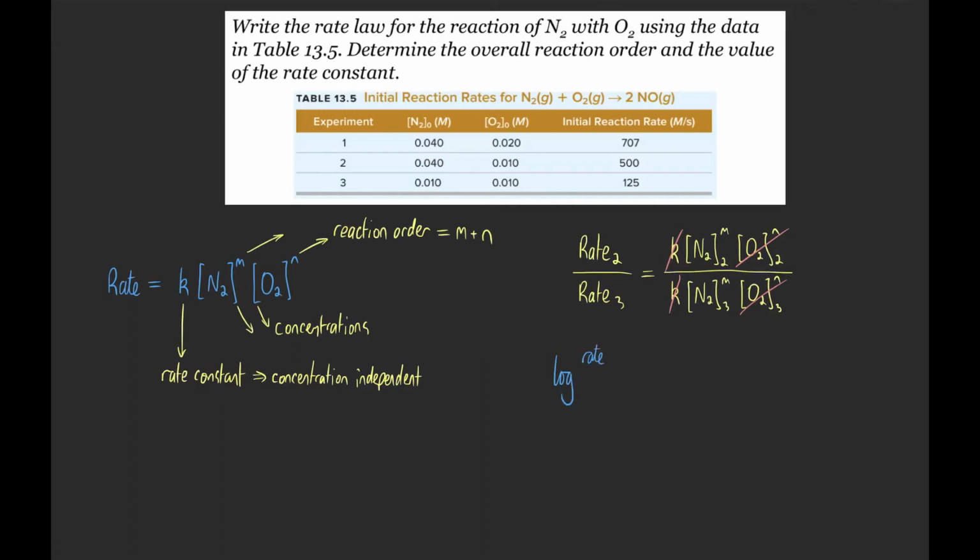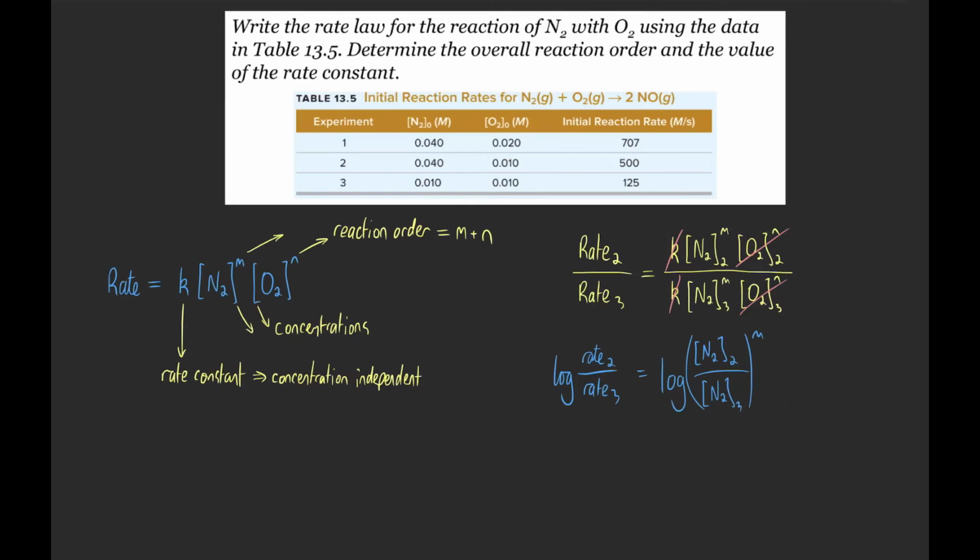So we're going to take the log of rate number 2 divided by rate number 3, and that's going to be equal to the log of the concentration of N2 in experiment 2 raised to the power of M divided by the concentration of N2 in experiment 3 raised to the power of M. Now, because each of these terms is raised to the power M, we can combine them together and say that this is the same as this entire ratio being raised to the power of M. This means exactly the same thing.